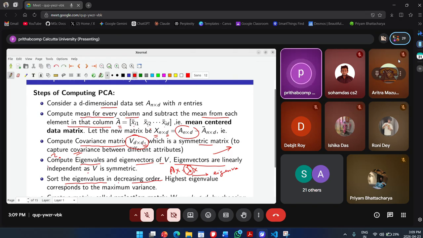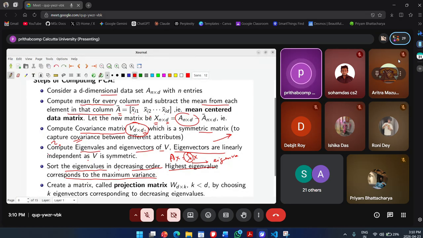So that is why we sort the eigenvalues in decreasing order, and the highest eigenvalue corresponds to the maximum variance. The eigenvector corresponding to that highest eigenvalue is the first principal component. Similarly, the next decreasing eigenvalue corresponds to the second principal component, and so on. This way you can keep on taking until you are satisfied.